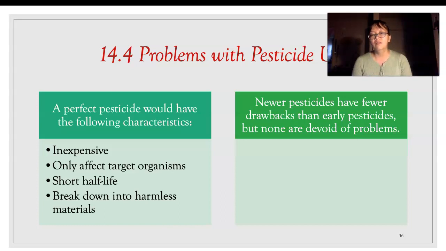And we keep inventing those new chemicals, but none of them are perfect. So if it is not perfect, such as long half-life or non-selective or expensive, that brings the problem. And the newer pesticides do have fewer drawbacks. That's a good thing.